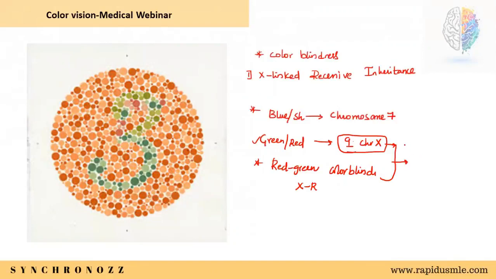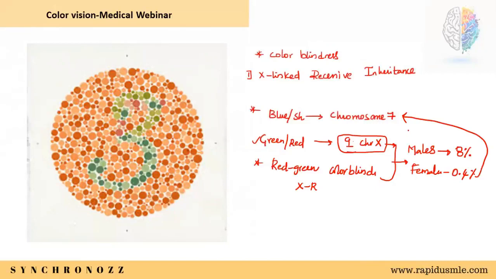When I say that sentence, it goes without saying this color blindness is common in males. You know, in the white population, 8% of the males are color blind. Females can also have color blindness, but more commonly they have a blue color defect, because blue is present on chromosome 7.